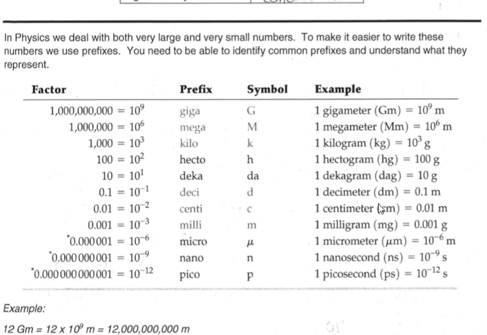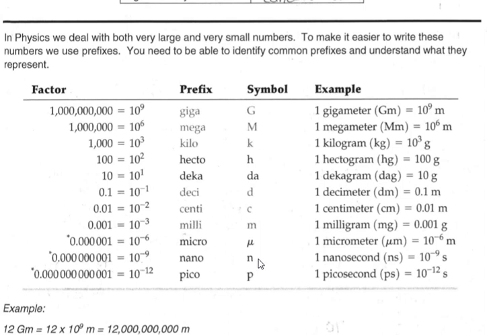These need to be learned, and what you really need to know is not necessarily the prefix name, but the symbol and what factor, what power of 10, it means. The most common ones are all the way from giga down to micro. If you see any of those, you need to know what they are.